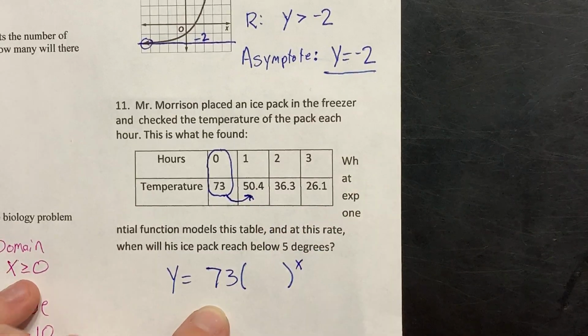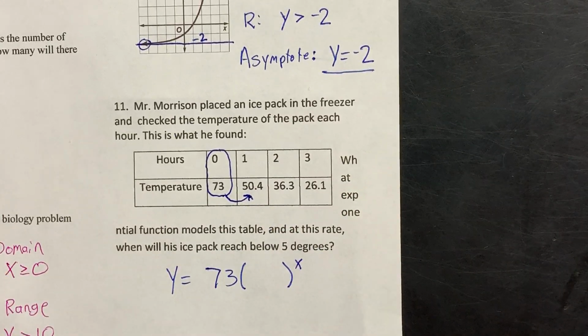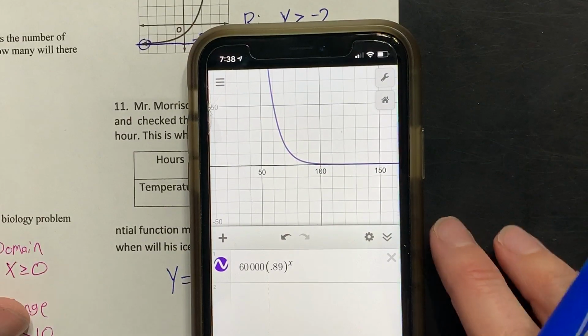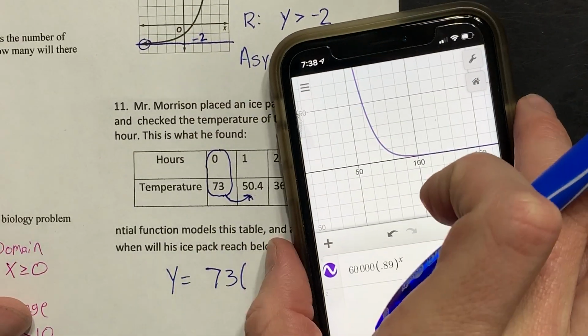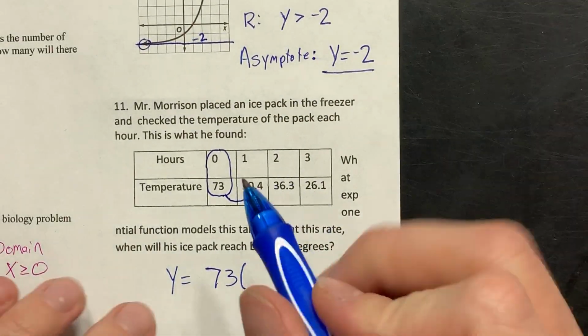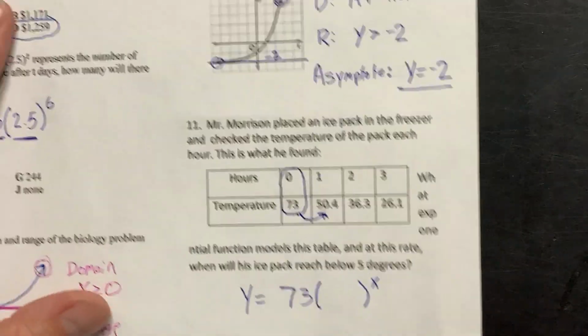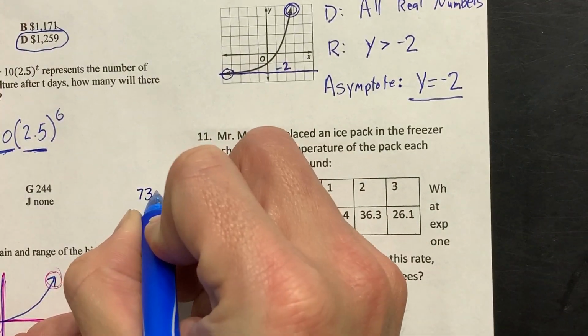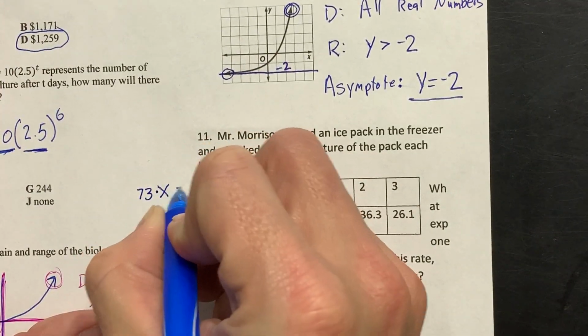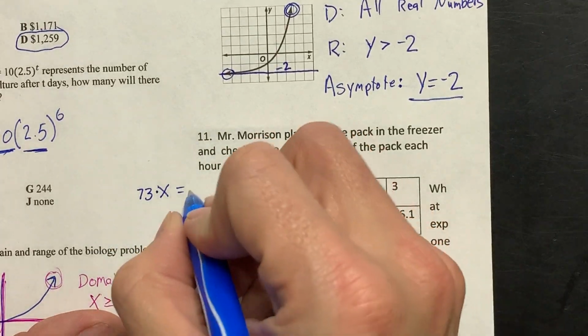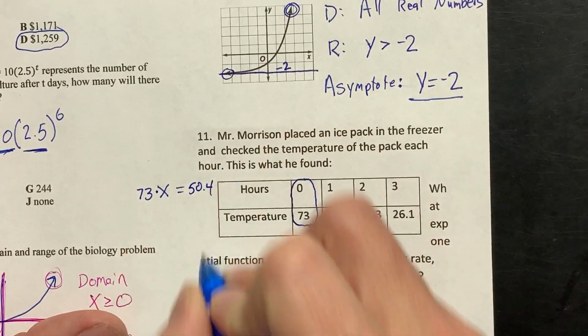This is a problem we hadn't exactly seen. There is one like this on the test that's multiple choice. If this were multiple choice, I would just graph it in Desmos and hit the table and see which one gives me the matching table. Since I don't have multiple choice, I need to figure out 73 times what is going to equal 50.4. Well, that's an equation.